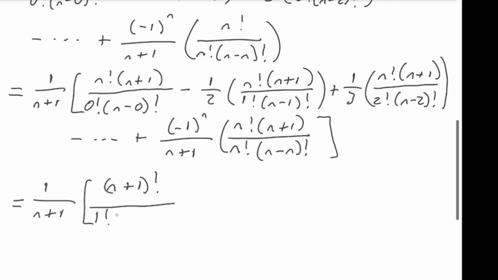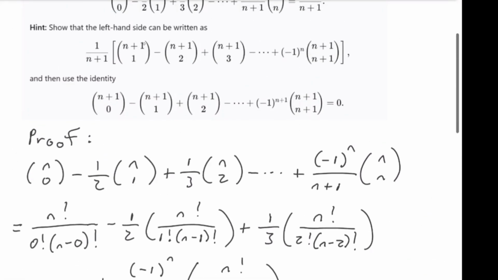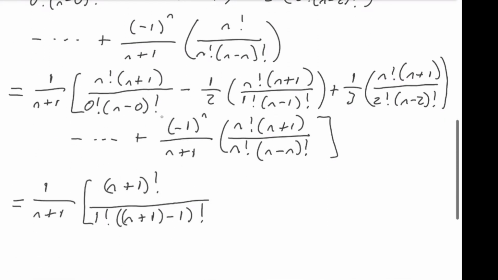And then I want n plus 1 minus 1 factorial. So I can get n plus 1 choose 1. Does that make sense? And this expression is the same as this here.